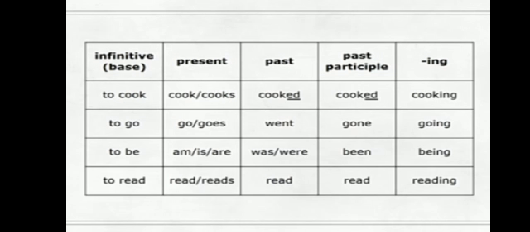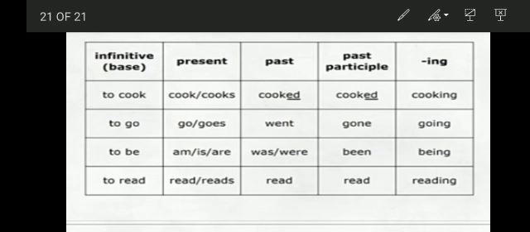Over here students, from this chart I will also make you understand one more thing, that is regular and irregular verbs. Whenever you find the second and third form of the verbs formed by adding ed to them, they will be called regular verbs, and whenever we do not make the past and past participle with ed, then they are irregular verbs.